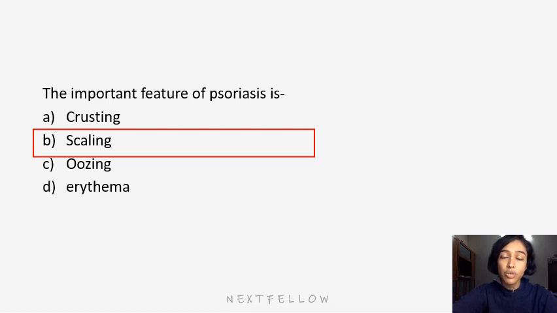A crust is seen in eczema because it is scratched or excoriated. Oozing again can be seen in eczemas and insect bites, or in a blistering condition, a bullous disorder like pemphigus. It's classically not seen in psoriasis. Erythema is seen in most psoriatic lesions, but it is not the most important feature. The important feature is the thick, scaly, silvery white scales.